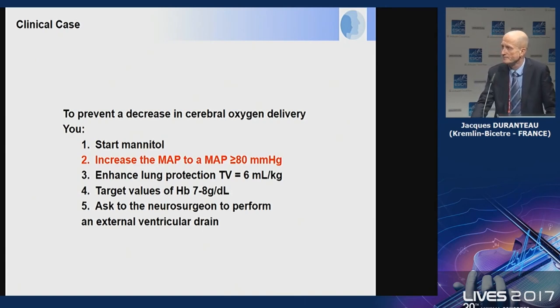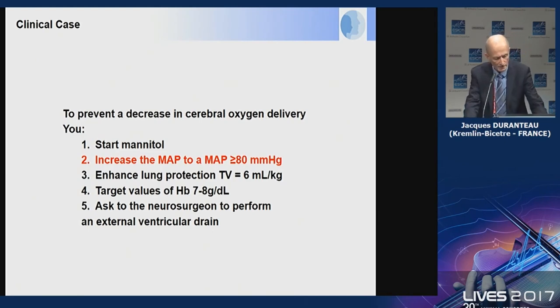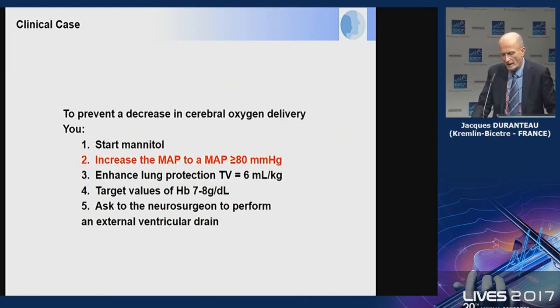What do you think about the inter-observer variability of TCD determination? Sorry? The variability between different operators for TCD. Okay. Depending on how your team is trained, there is variability, but when you have a pulsatility index greater than 1.4 with low diastolic velocity, you are sure that there is a problem.